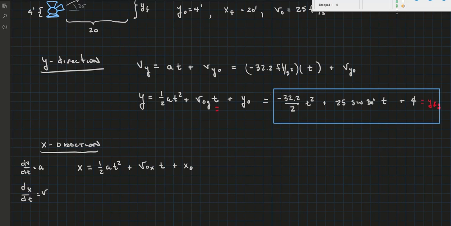In the x direction, we end up with this, and again here, this is 0.